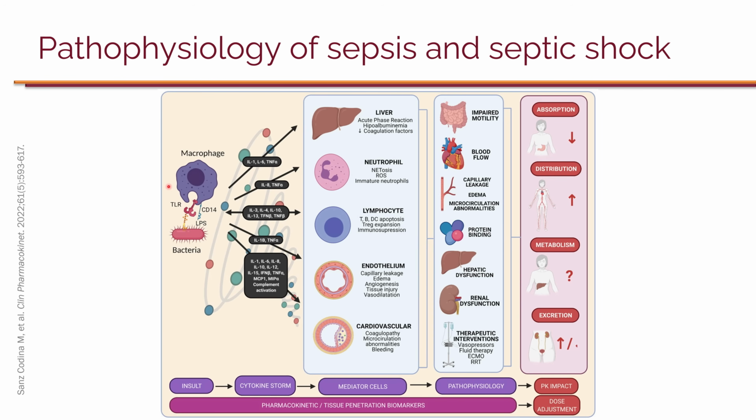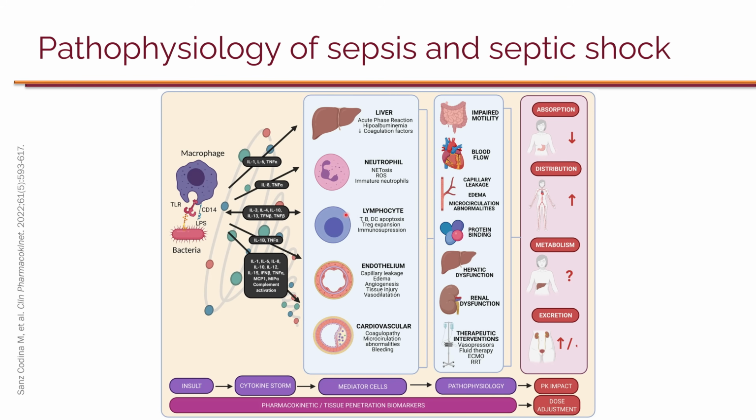And when you consider all of this, in this picture we're looking at the end result in the human body. And this is important because as pharmacists, we need to adjust medications in this patient. So, if you look at this timeline, when the insult, which is the infection, comes, there's a cytokine storm, so this is the body's immune response to the infection.